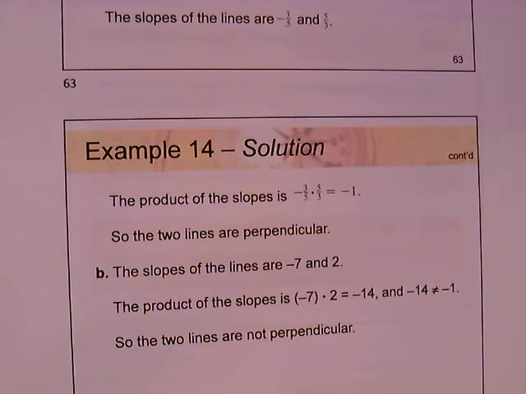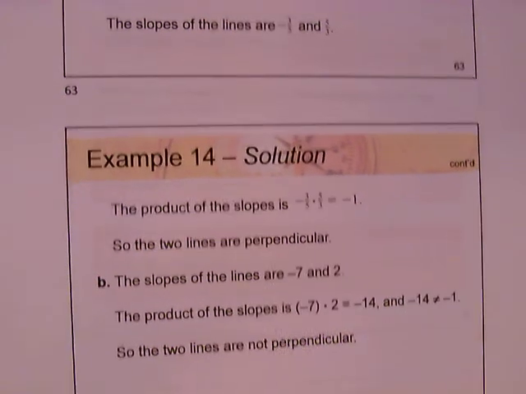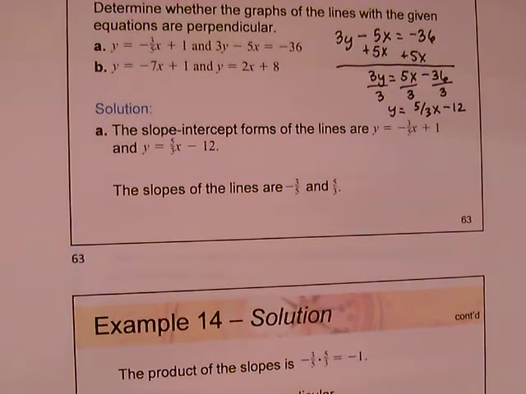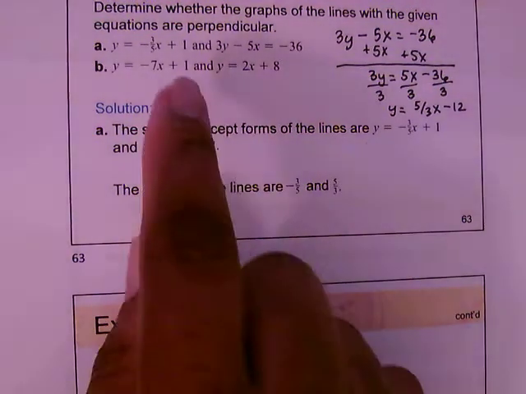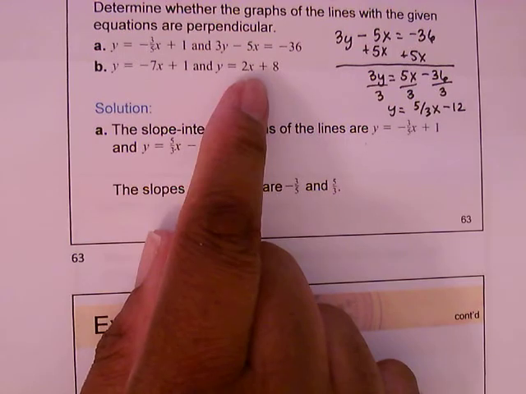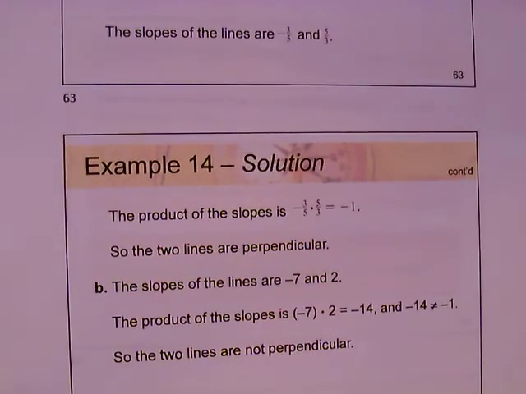And then part B, I'll bring this back down, was y equals -7x plus 1 and y equals 2x plus 8. Well, this first equation has a slope of -7, and the second equation has a slope of 2. If you multiply -7 times 2, that will give you -14.